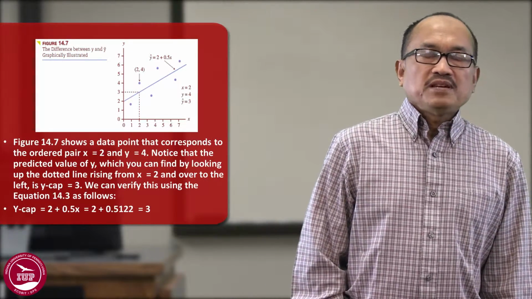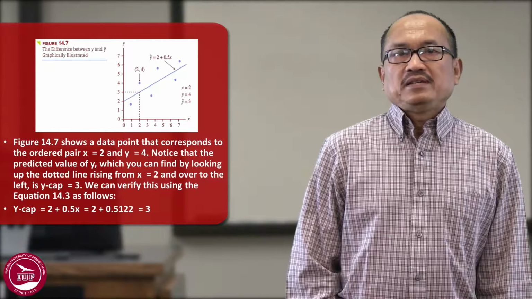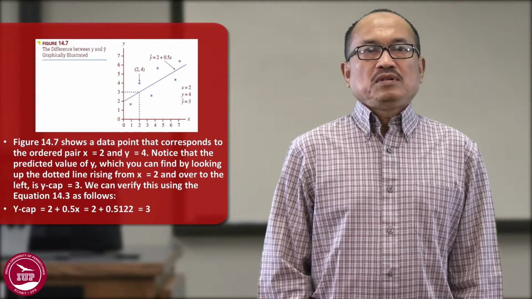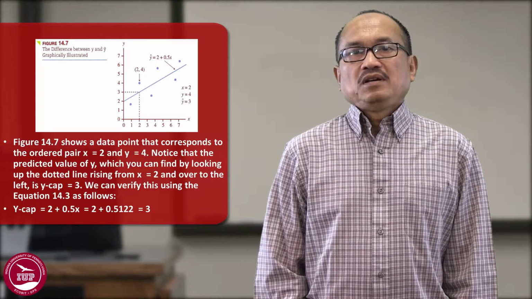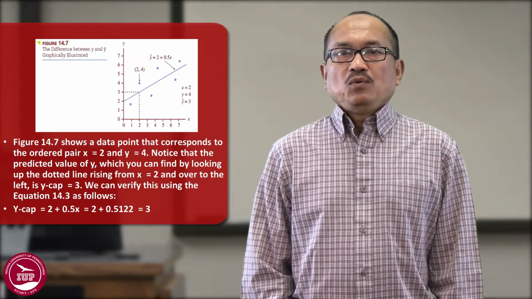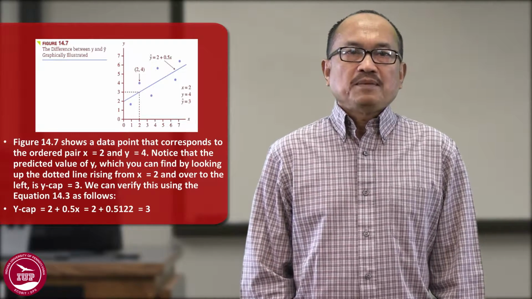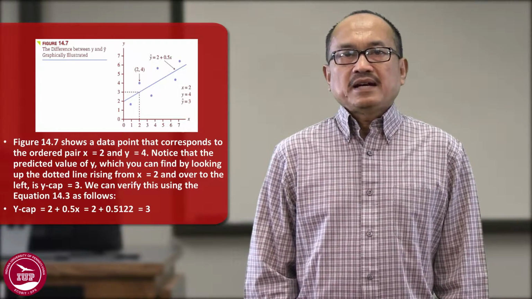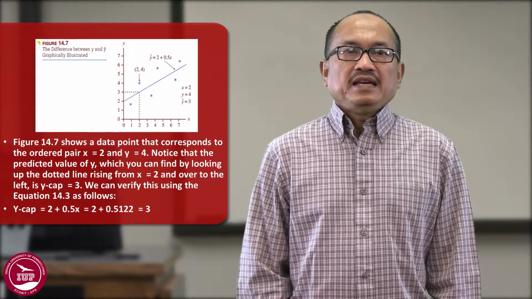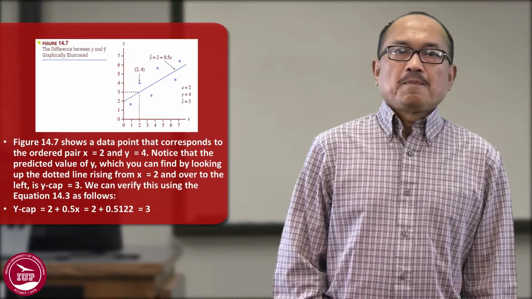Figure 14.7 shows a data point that corresponds to the ordered pair x equals 2 and y equals 4. Notice that the predicted value of y, which you can find by looking up the dotted line rising from x equals 2 and over to the left, is ŷ equals 3.